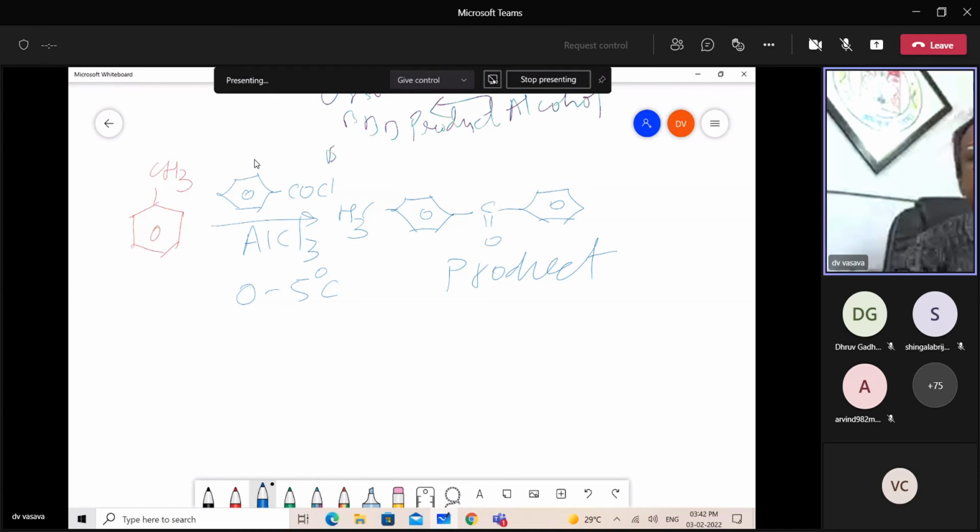Okay, so I am starting the mechanism. This is the reaction. Toluene is reacted with benzoyl chloride in presence of AlCl3 as a catalyst at 0 to 5 degrees Celsius, giving 4-methyl benzophenol. Now I can proceed.